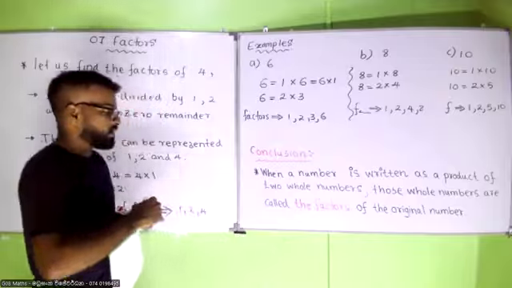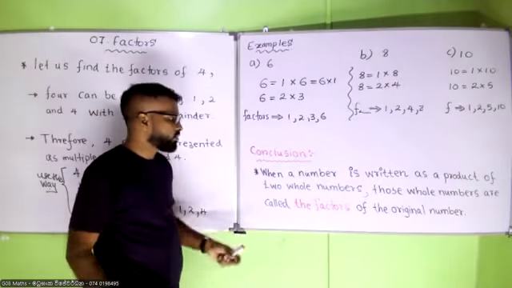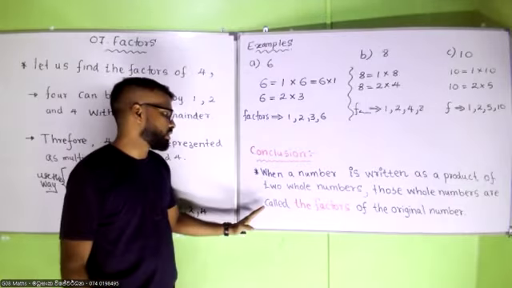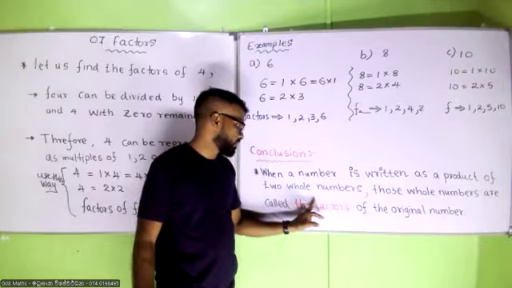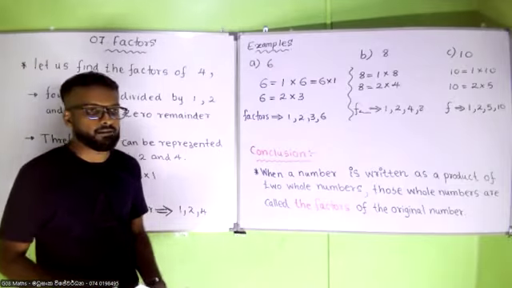When a number is written as a product of two whole numbers, those whole numbers are called the factors of the original number. I will explain this.